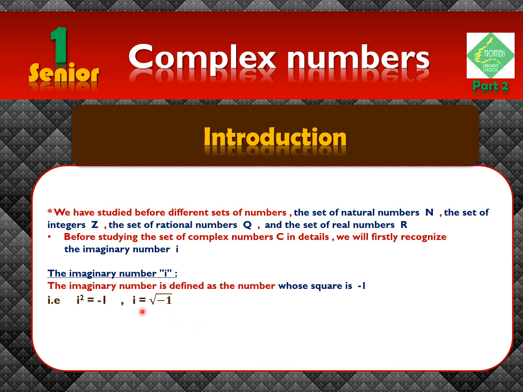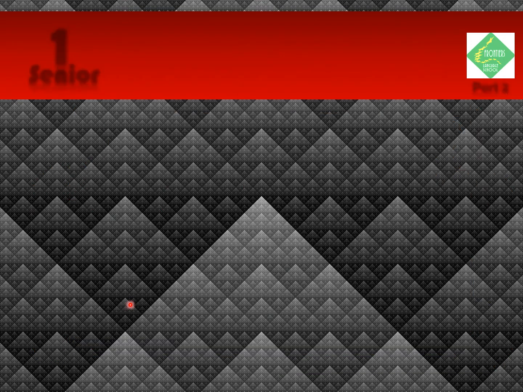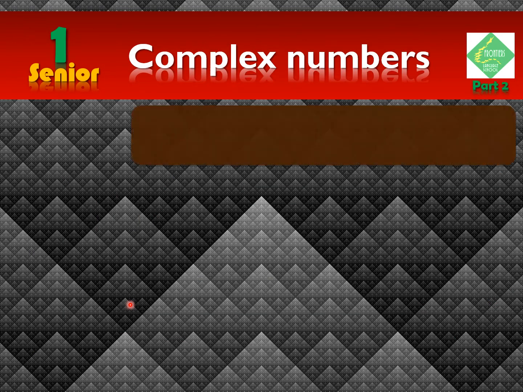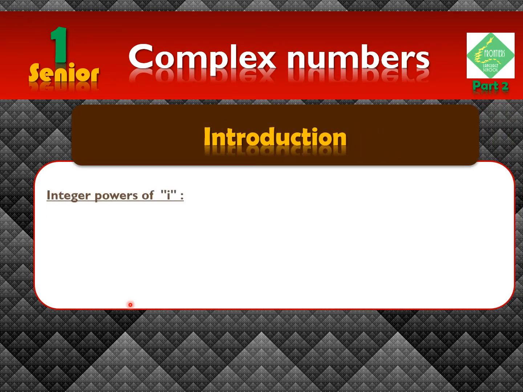So, the square of i is negative 1. So, i alone is root negative 1. If you find root negative 1, this is called i. Integer powers of i. We take that i equals root negative 1. So, if I am asking about i squared, I put negative 1 under the root and all squared.